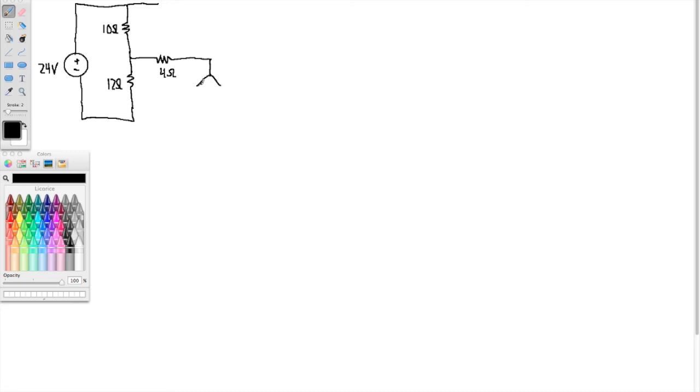And then here's our dependent voltage source, and it's 4I0, and we'll call I0 this current here. 24 ohms. Okay, this is a current-controlled voltage source. The voltage drop from here to here is 4 times whatever this current is. That's tricky.